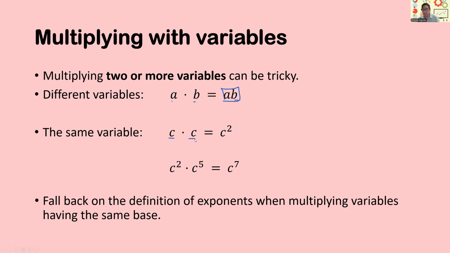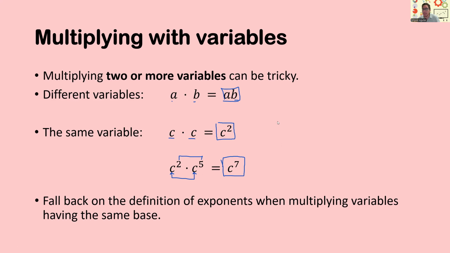So c times c is equal to c squared. Are you guys okay with that? Yes. And then if I had two different exponents, but I have the same variable, so we have c to the second power times c to the fifth power, then that should be just add up the exponents, c to the seventh power.